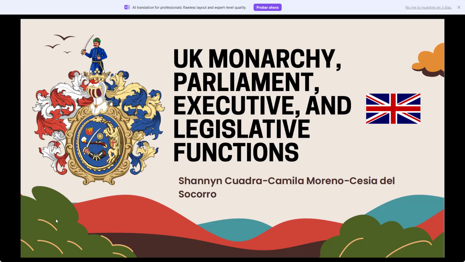The monarch is the head of the state and performs mainly ceremonial duties such as giving royal assent to laws, meeting with the prime minister, and representing the country at official events.